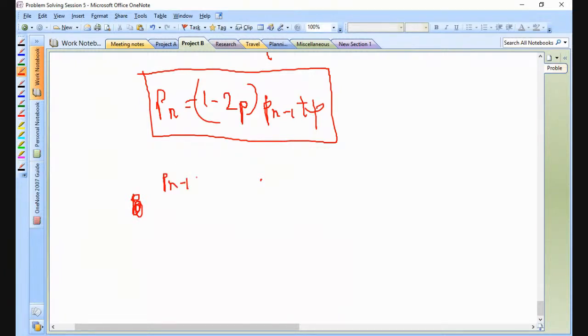Simple. Pn minus 1 is equal to 1 minus 2P Pn minus 2 plus P. So you replace it over here.